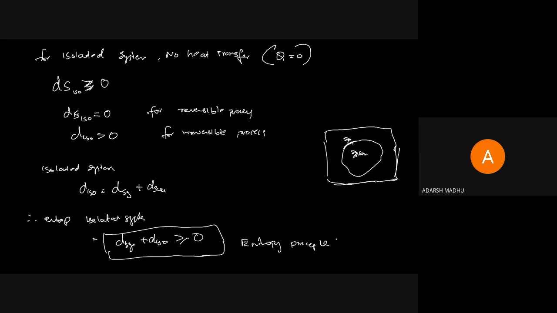So isolated can also be written as dS equal to dS of system plus dS of surroundings.